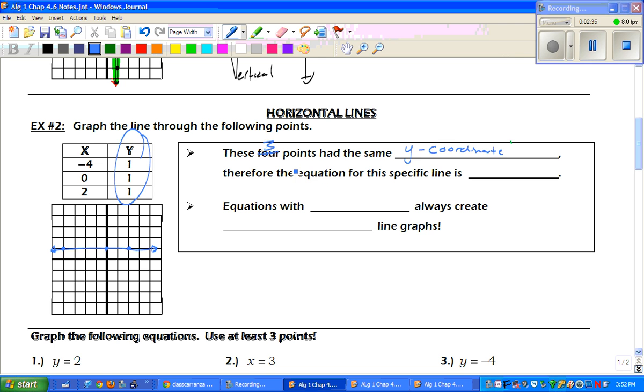The equation for this specific line is y = 1, because no matter what x is, y always equals 1. So when you have equations with y equals a number, it always creates a horizontal line graph.